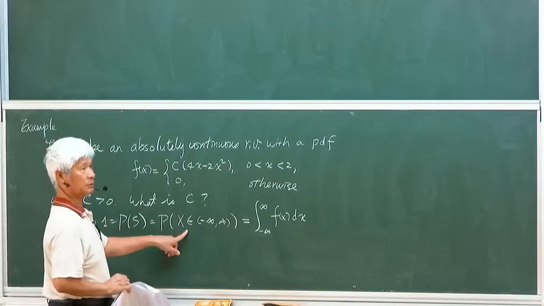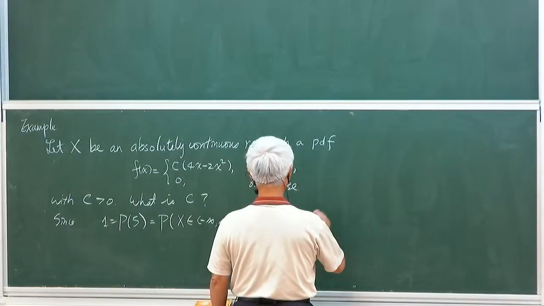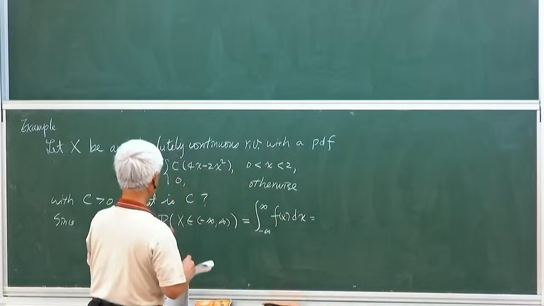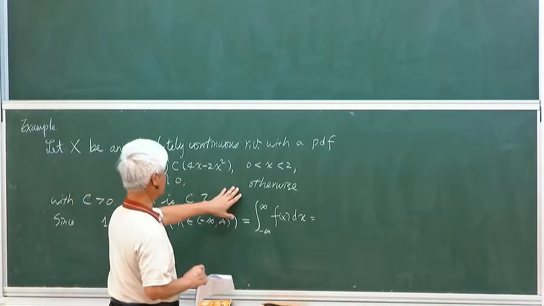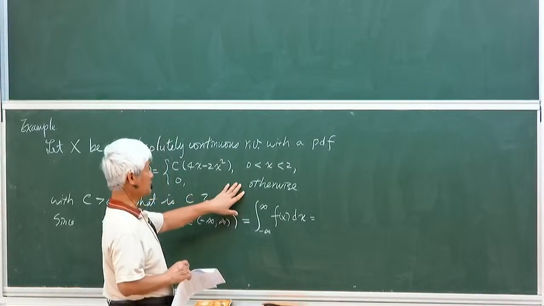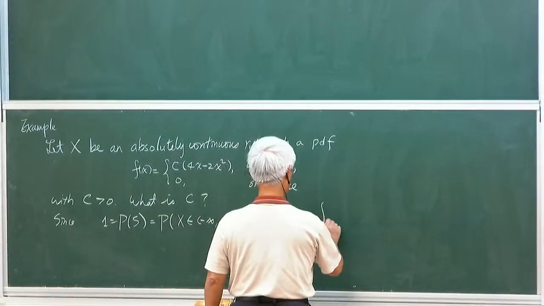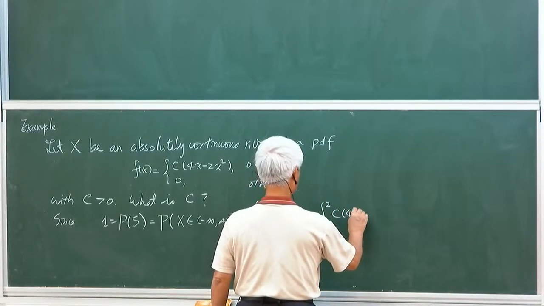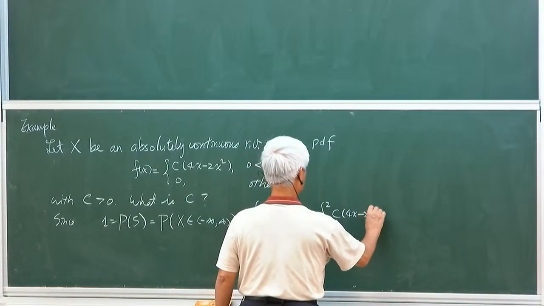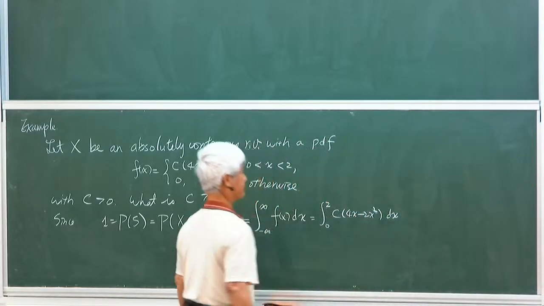Okay, must be equal to 1. And by the definition of this PDF, it's 0 outside of this interval. So which means that this is equal to the integral of C times (4x minus 2x squared) dx.